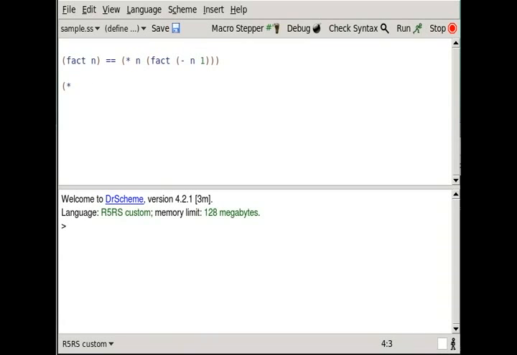So for factorial 5 you get 5 times 4 times 3 times 2 times 1 times 1. And so the computer builds up this whole thing in its memory before it can actually calculate anything, before it can do the arithmetic.